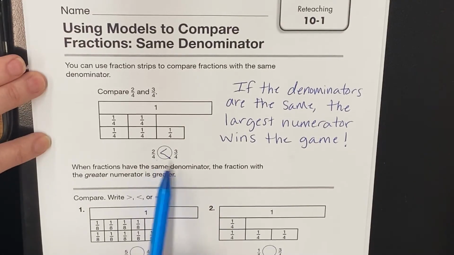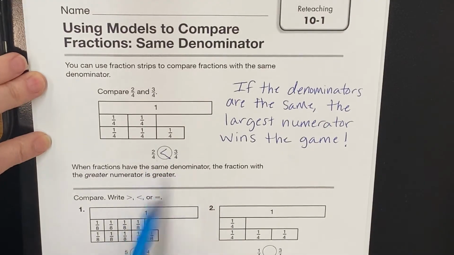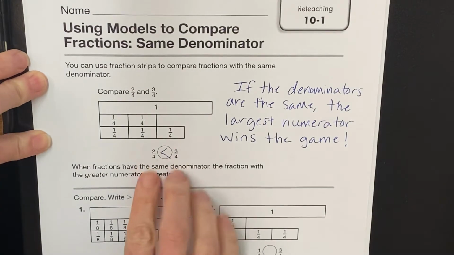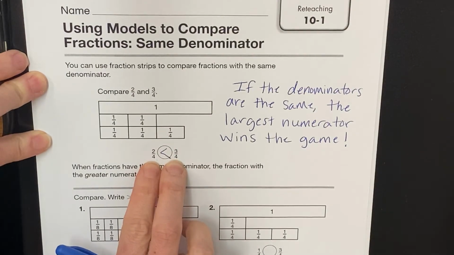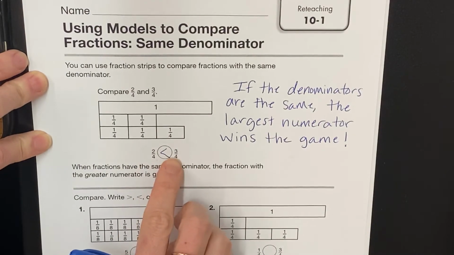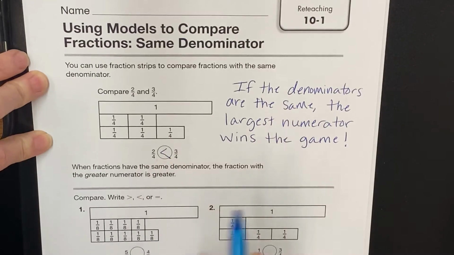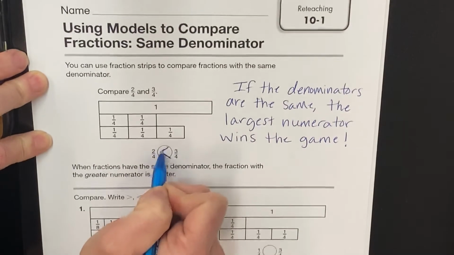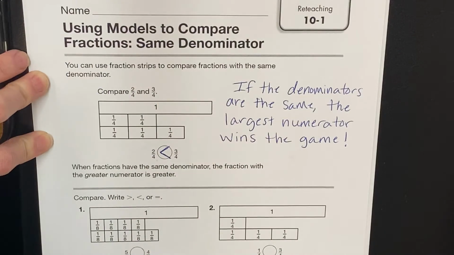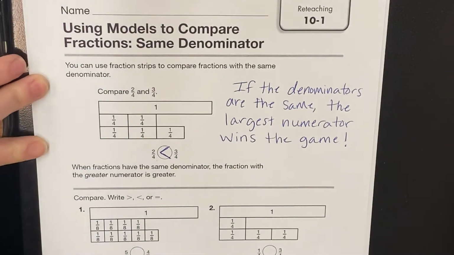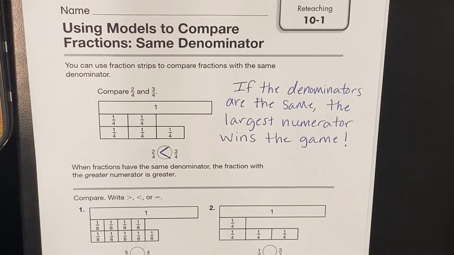Okay, so if we're looking at this problem right here, if the denominators are the same, they're both 4, the largest numerator, the 3, wins the game, just meaning it's the largest. It wins. Okay? All right, let's move on to number 1.